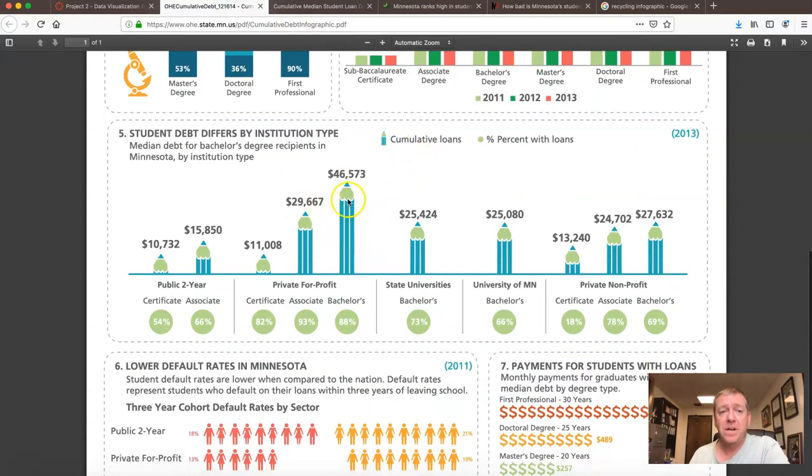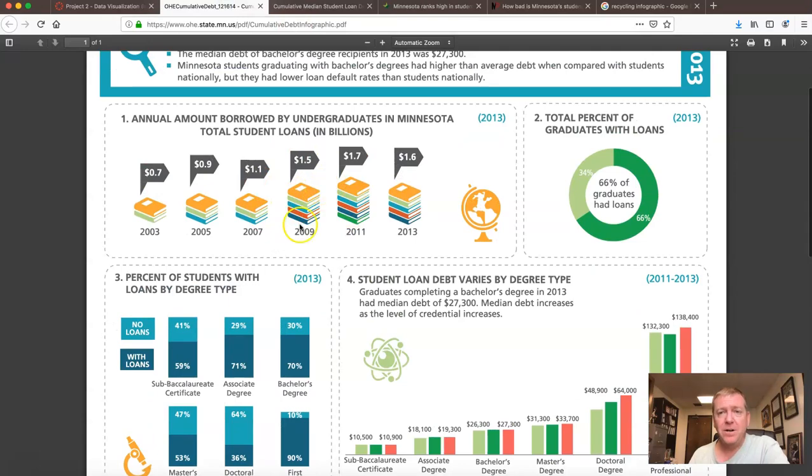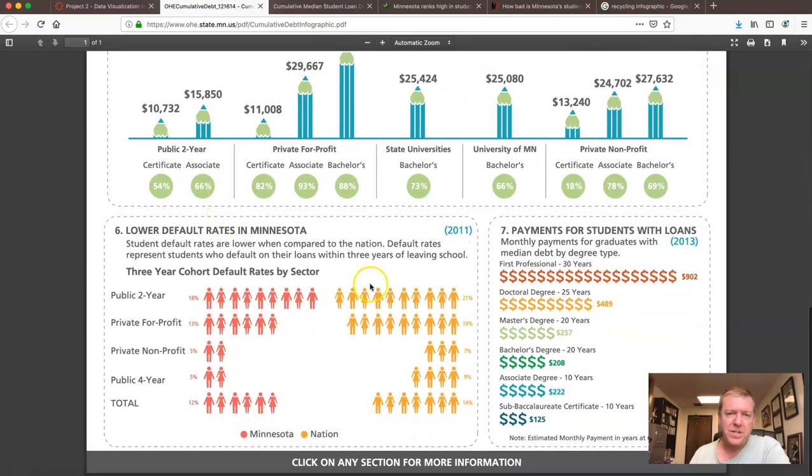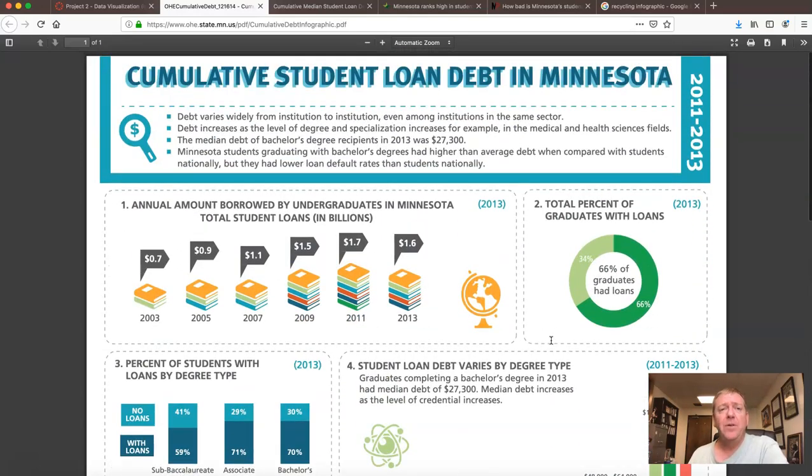So you have the pencils here, you have the books here. You don't have a lot of other types of information. You have people here, you have dollar signs over here, which kind of makes sense. There are infographics that do a much better job, I think, of clustering up different symbols, similar to the books. But it creates a little bit more of a relevant symbolism for whatever that data happens to be.